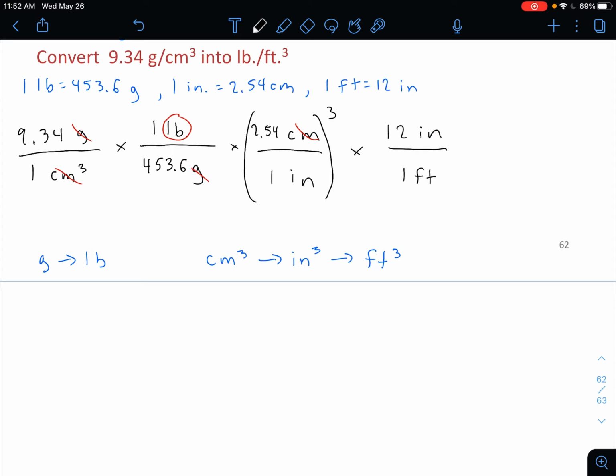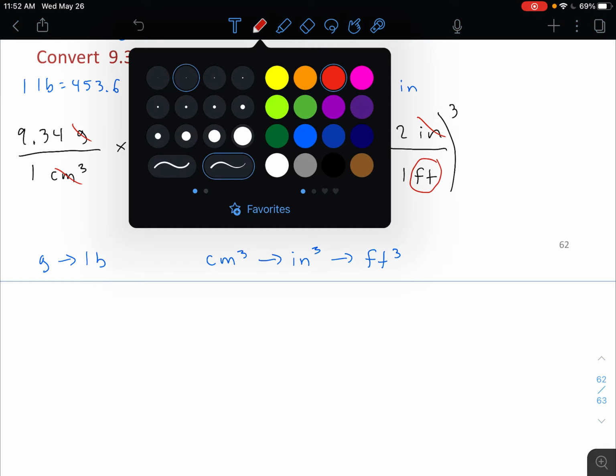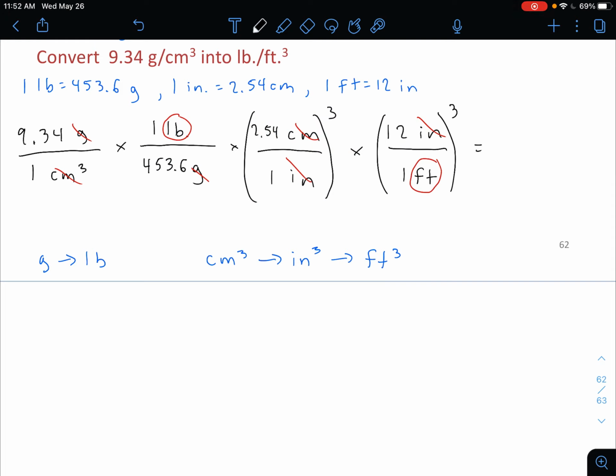12 inches per 1 foot, quantity cubed. So now inches cubed cancel with inches cubed, and I'm left with feet cubed. That looks good. So now I just multiply my way across. Same thing: when I was dealing with the cubed units, I cubed the conversion factor, but when I wasn't dealing with cubed units, it was normal.